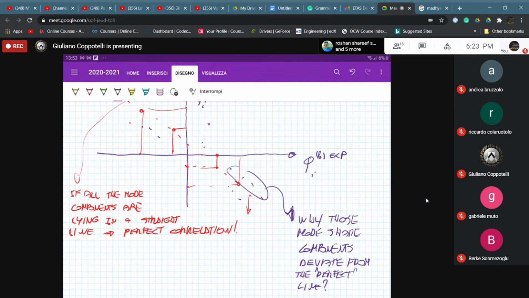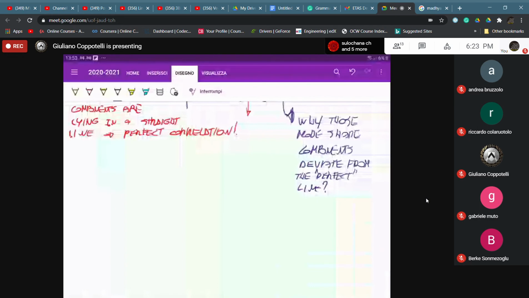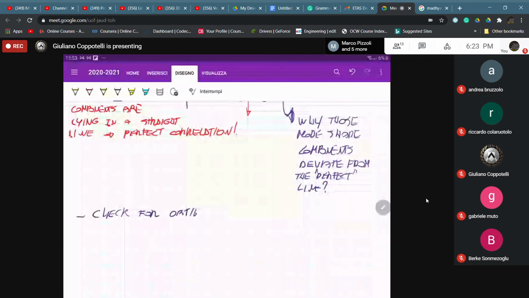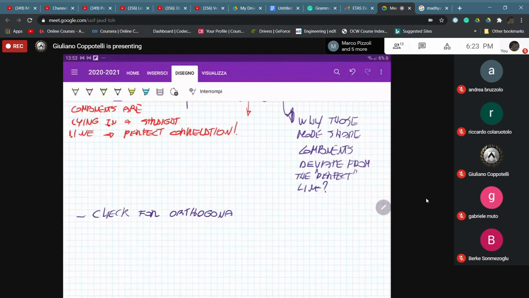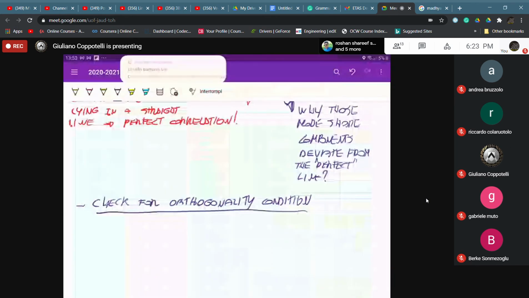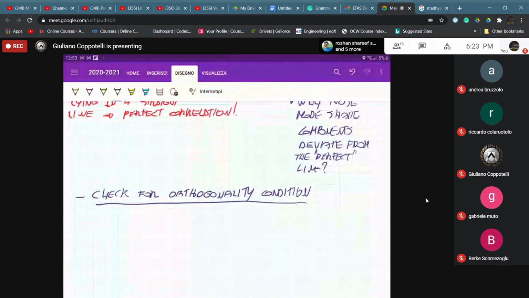Another way to compare these two models is, for example, the check for the orthogonality condition. Remember, I am considering the comparison between numerical and experimental models, and therefore I know my mass or stiffness matrix.